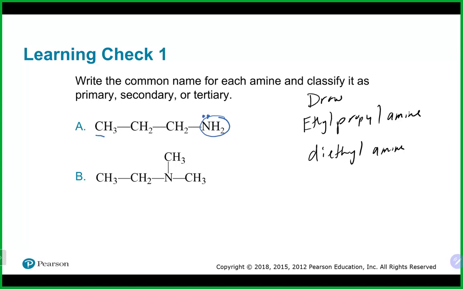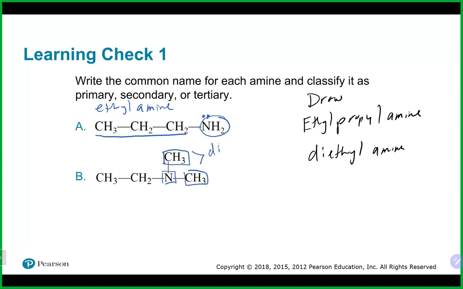Since that's an amine, we have this guy really as just a group. So that is going to be ethylamine in this case. Here we can look at the nitrogen, and here we have a methyl group and another methyl group.